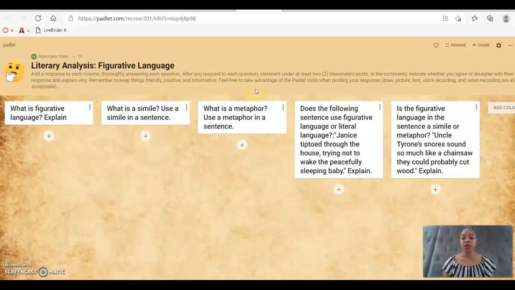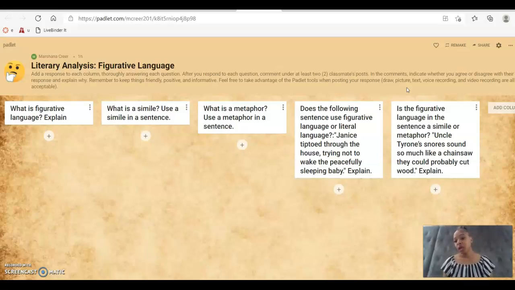And also, very important, feel free to take advantage of all the tools on Padlet when posting your responses and your comments. So there's the drawing feature. You can use pictures. You can type out your response if you prefer to do that, or you can record your voice as a response, or you can do a video.